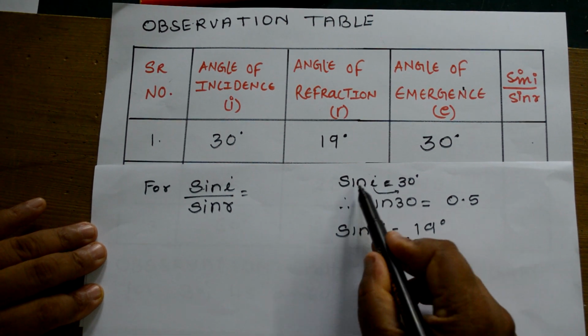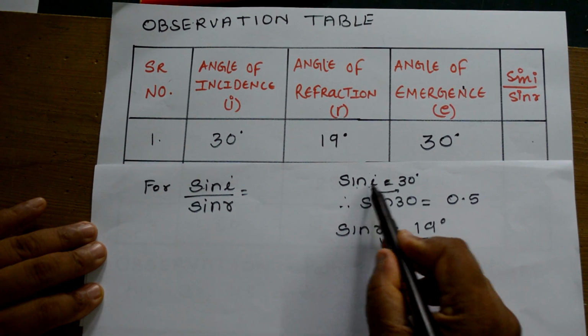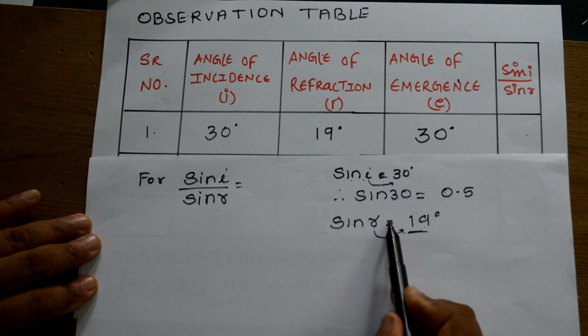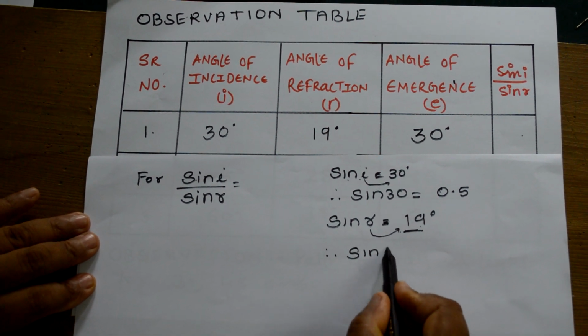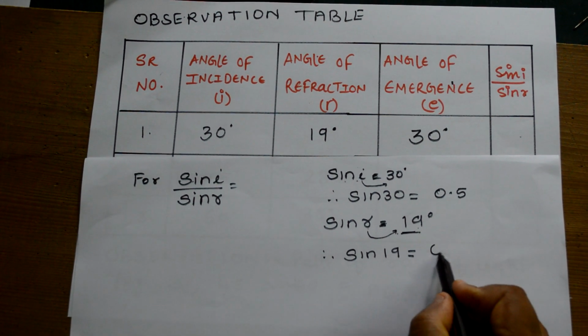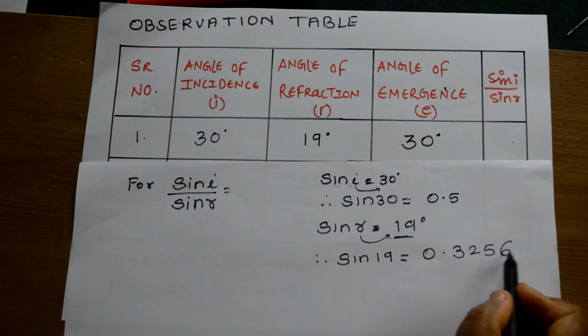We got I is 30 degrees and R is 19 degrees. So the value of sin 19 is 0.3256.